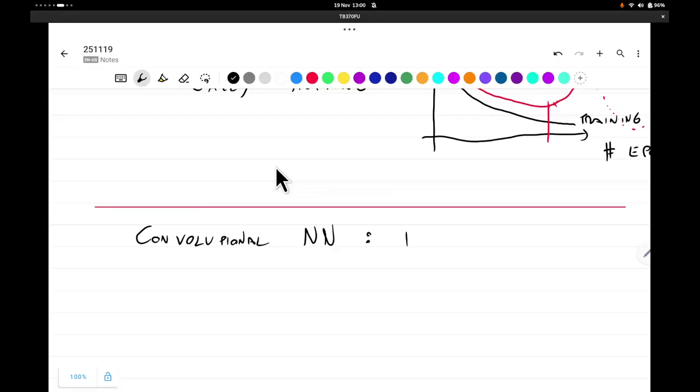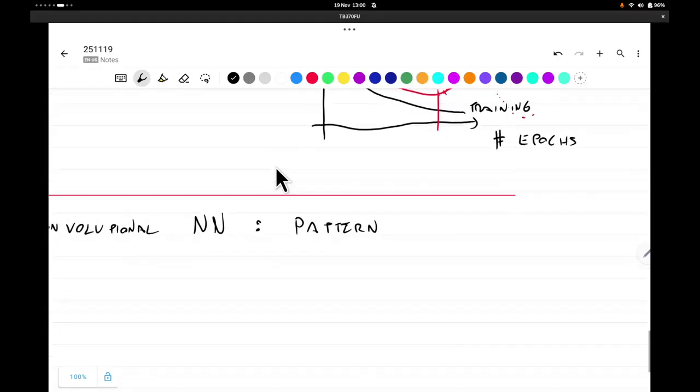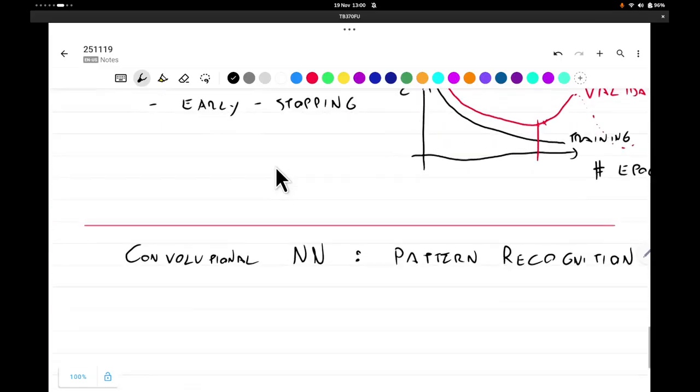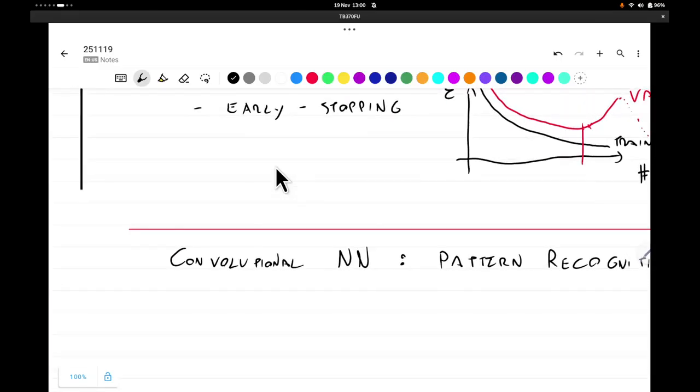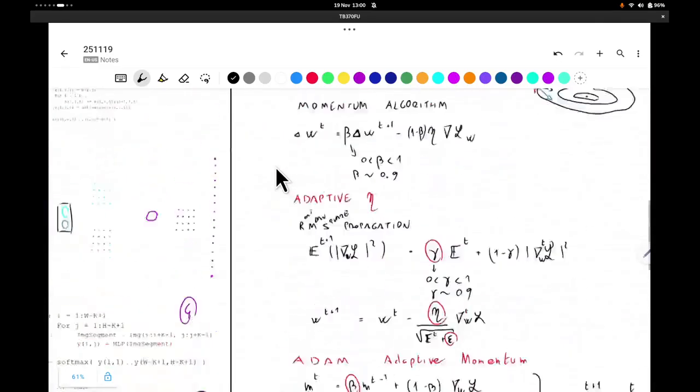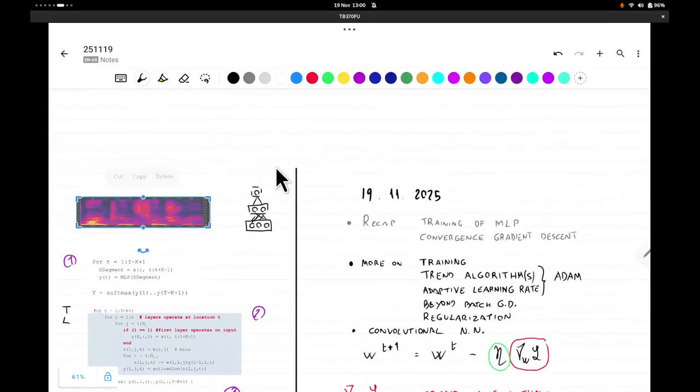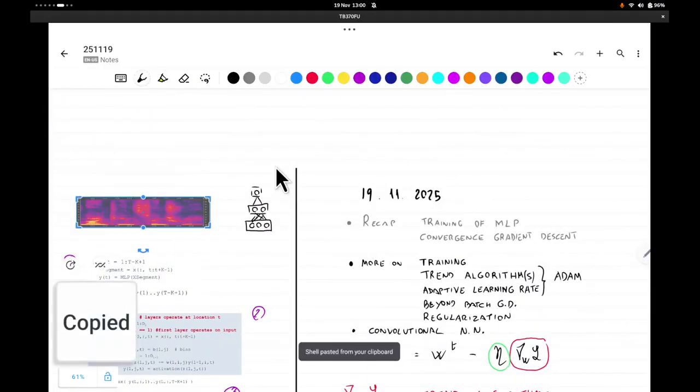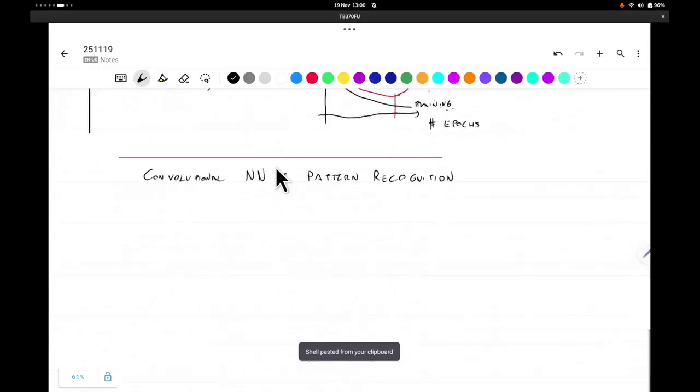These are the kind of architecture that one constructs to do the so-called pattern recognition, and by pattern recognition we mean the following.